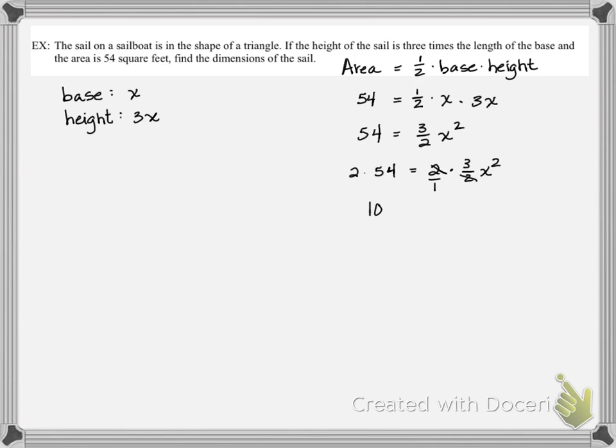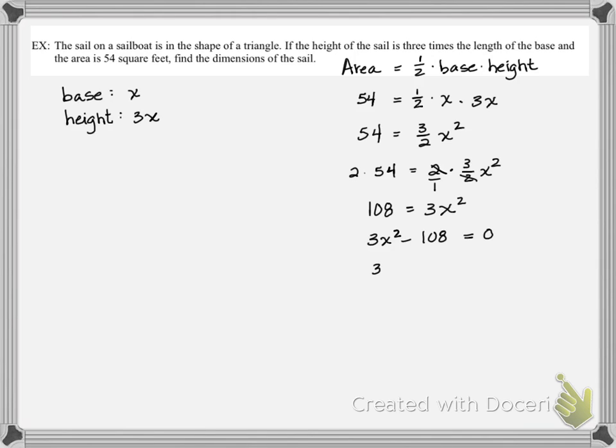We get 108 equals 3x squared. So far, so good. And then now we need to get our 0 on one side. So 3x squared minus 108 equals 0.